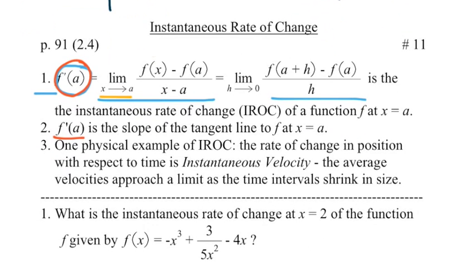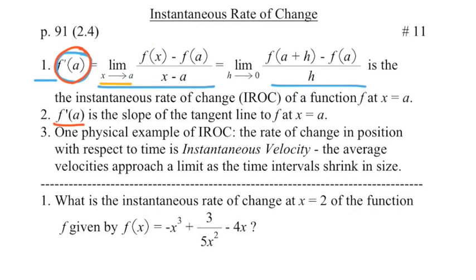And then in part 3 it says one physical example of IROC is the rate of change in position with respect to time. And that's the instantaneous velocity, or the average velocities approach a limit as the time intervals shrink in size.